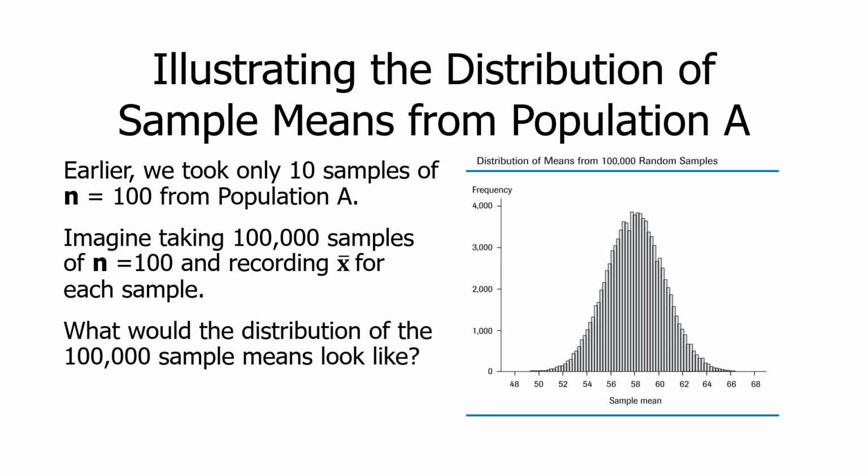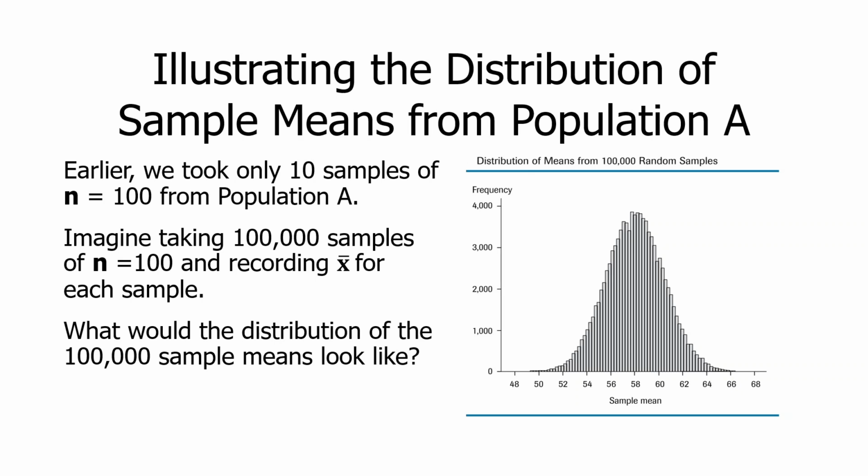The first thing to notice about this is if you take a very large number, in fact, the theorem says an infinite number of random samples of size 100 from that population, it will have a normal shape. This is called the normal distribution. The normal distribution, as we'll see in a bit, has known properties. In fact, one of the things already stated is that here's the population mean.